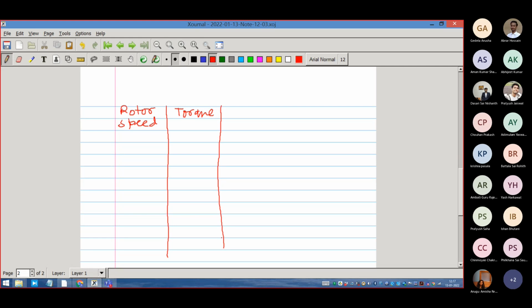But to maintain the flux level of the machine constant, you should not just change the frequency, you should simultaneously change the supply voltage magnitude. So the V by F ratio, V by omega, where omega or F is the supply frequency, you have to maintain.